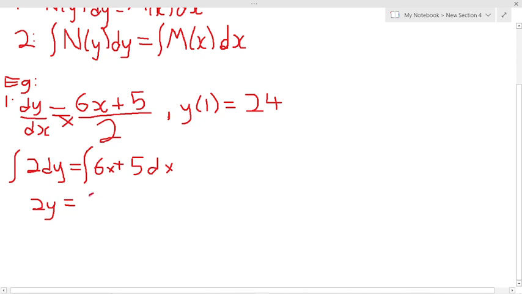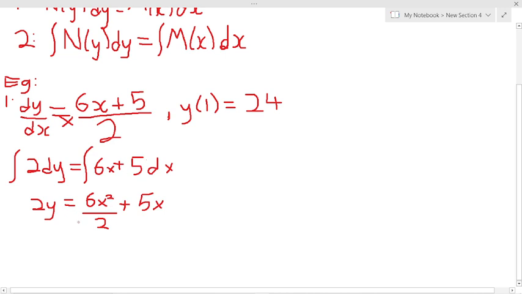So we get 6x squared, because the power is 1, so 1 plus 1 is 2, divided by the new power, which is 2, plus 5x. The same way that we did the 2y, the same situation is happening with the 5, so 5x.